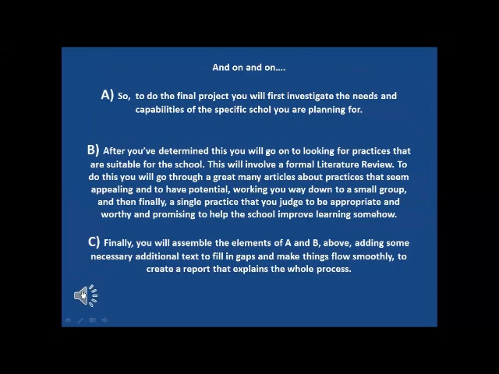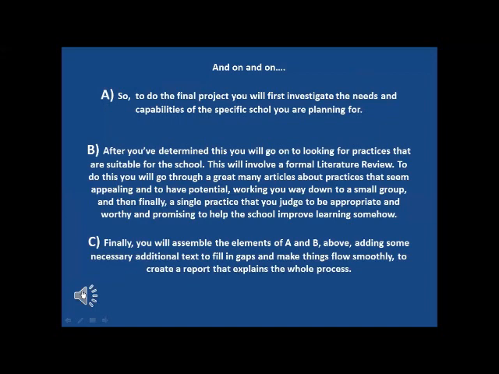I think you'll find it convenient to conceive of the final project as a great many elements that fall into three major categories. So again, for the final project, the first thing you're going to do is to investigate needs and capabilities of the specific school you're planning for.